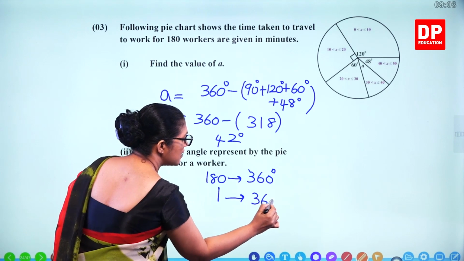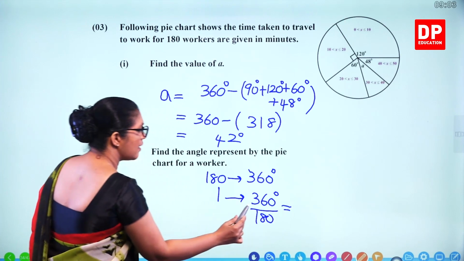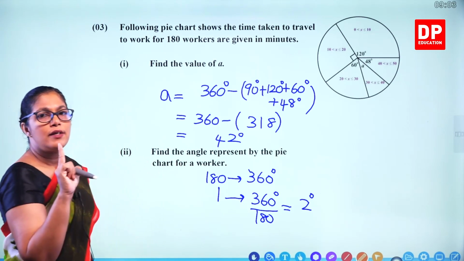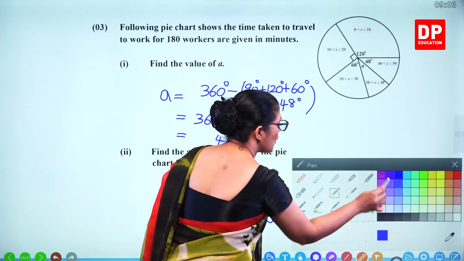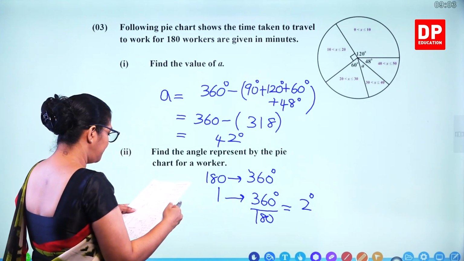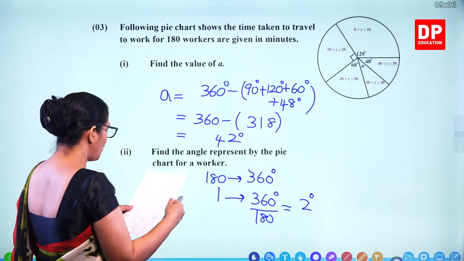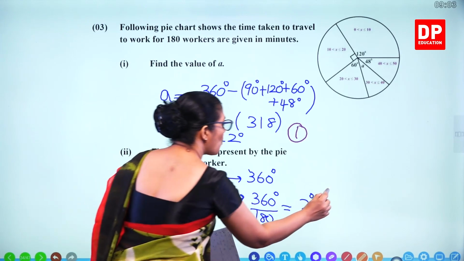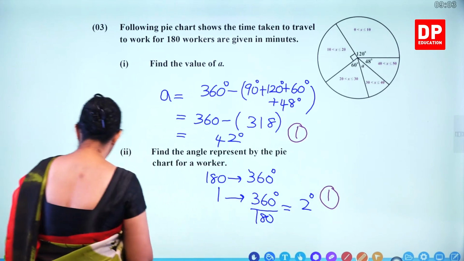What's the angle? 360 divided by 180, that's 2. 2 degrees is 1 worker. So how many marks for these 2 steps? You get 42, just 1 mark, and 2 degrees, 1 mark. So 2 marks we have already given.